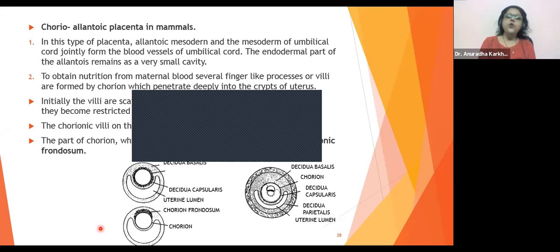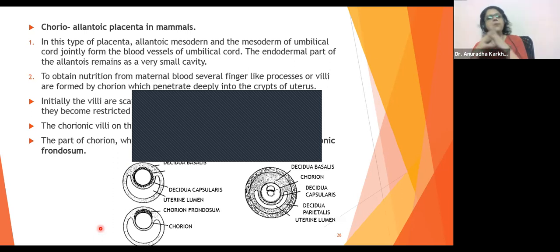Fine. To obtain nutrition from the maternal blood, several finger-like processes or villi are formed by the chorion, which are called what? Chorionic villi, which penetrate deep into the crypts of the uterus. Crypts means spaces, minor cracks.